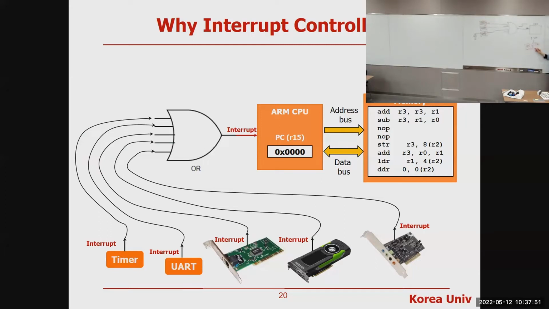R0 is equal to some value. Okay. If not, then you have to check the next one. You read this status register. LDR R0, probably some R2, I don't know, the location of that status register. Okay. So if that device did not generate the interrupt, then you have to check this one.